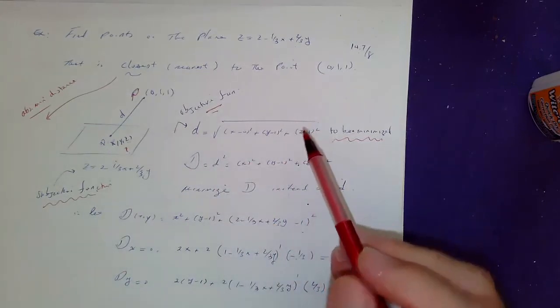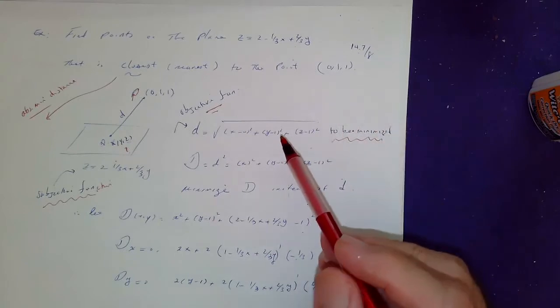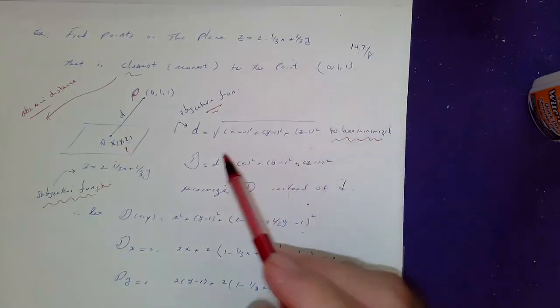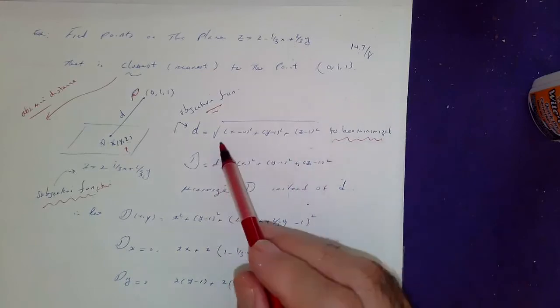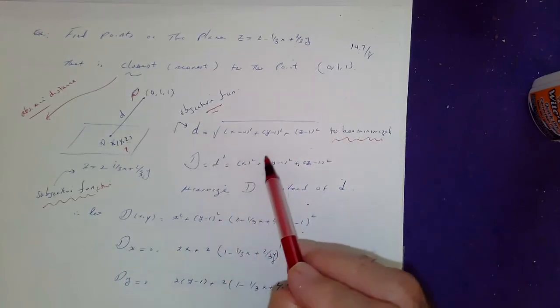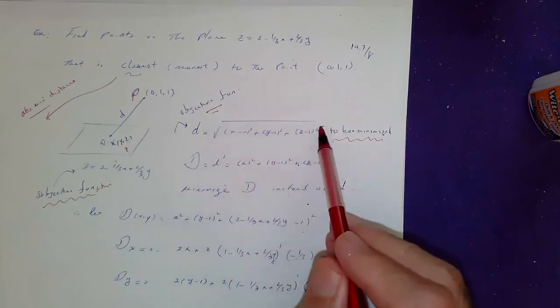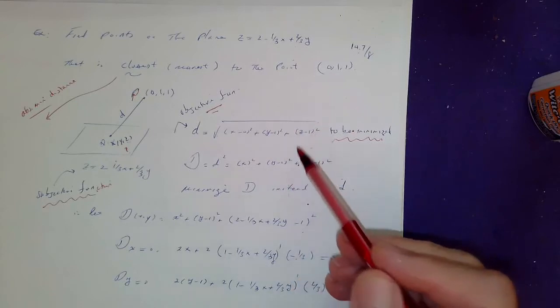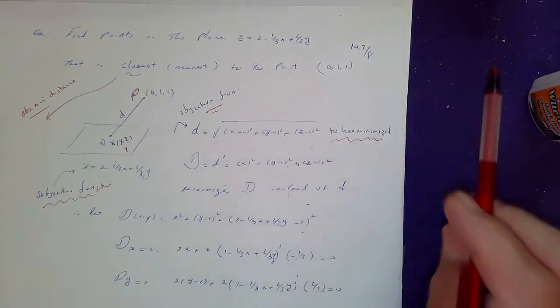it's tradition in multivariable calculus, or even single variable calculus, that instead of minimizing the distance, we minimize the square of the distance. That way we don't have to deal with radicals. The question is, how would you know these two functions will give you the same answer?